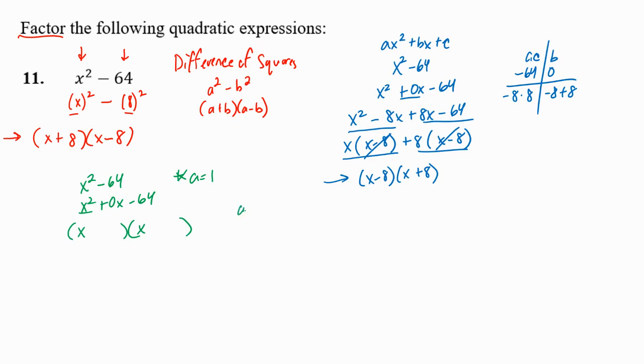And then ACB method real quickly. AC multiplied together give me negative 64. B is 0. We already know the numbers to be negative 8 and positive 8. So then that would just be plus 8 minus 8. Doesn't really matter which one you put first. And notice in all three different ways, we get the same exact answer in factor form, which is what we were looking for.